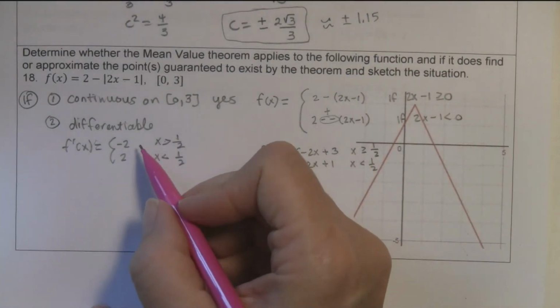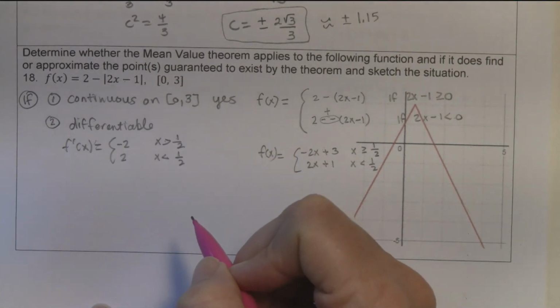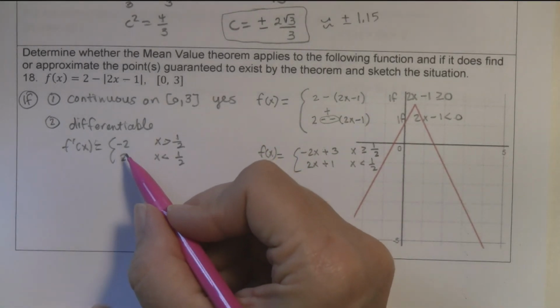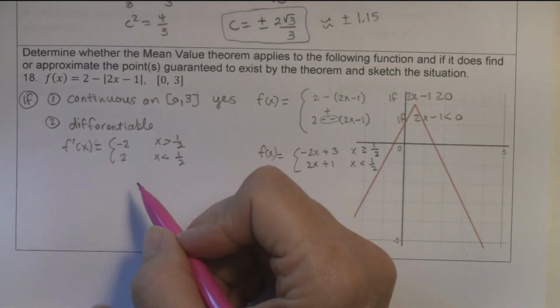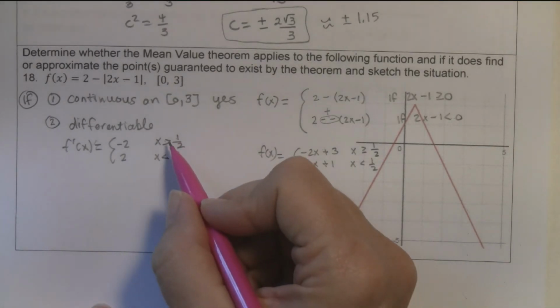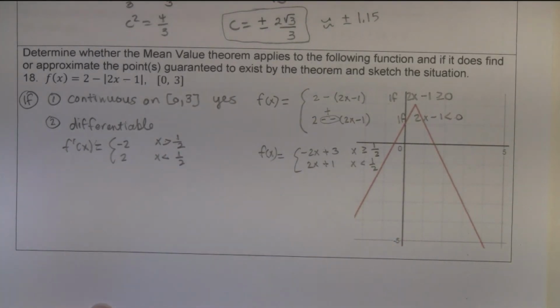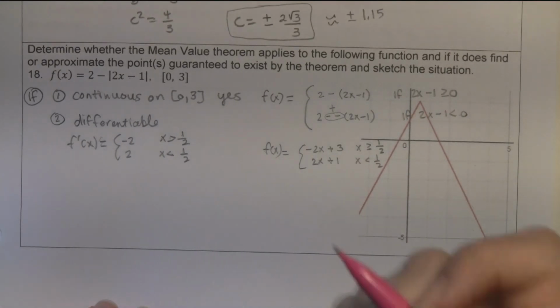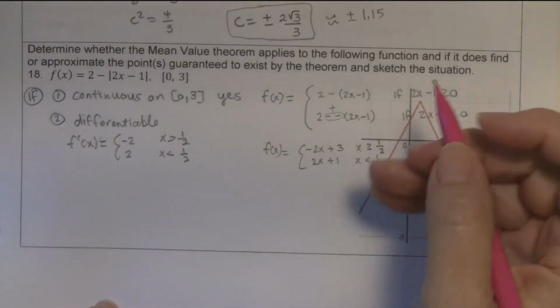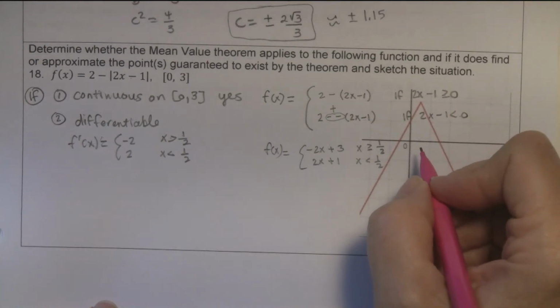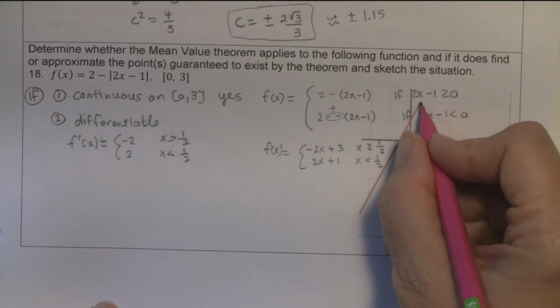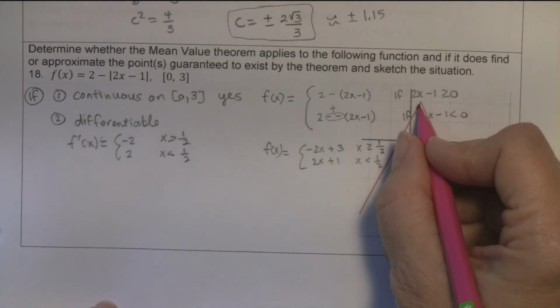And so in order for it to be differentiable, this and this would have to be equal to one another at half, because you'd have to look a little bit before half and a little bit after half. And it's because of the limit definition, right, of the derivative. And so it says, what is the slope a millimeter before half, because that's your plus h and your minus h, right, on either side of that.